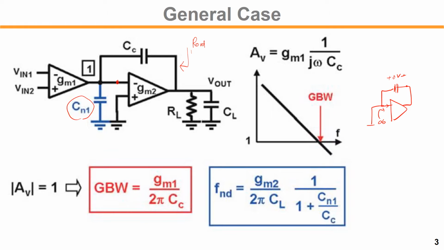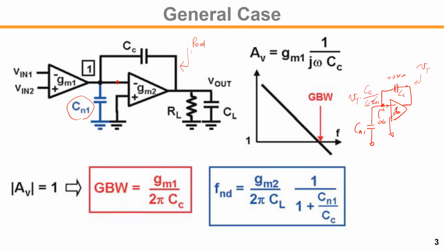But if you have a finite Cn1, then you will get a voltage drop, a voltage division. So the equivalent test voltage here will be T times Cc plus Cn1 times what? Cc, right?